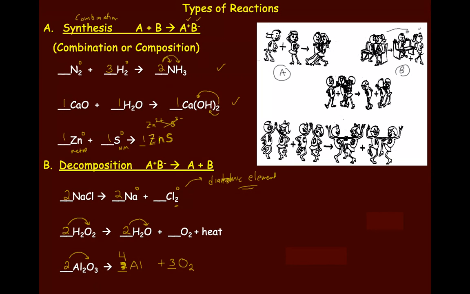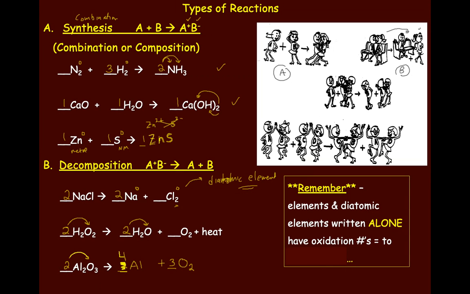Okay? So again, synthesis is putting things together. Decomposition is taking them apart. Okay? All right. And a couple things you want to remember is that elements and diatomic elements written alone have oxidation numbers. Again, the oxidation numbers are your charges, equal to neutral. Really important that you know that.